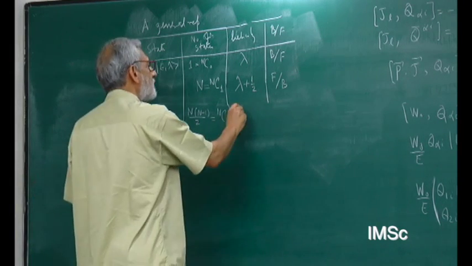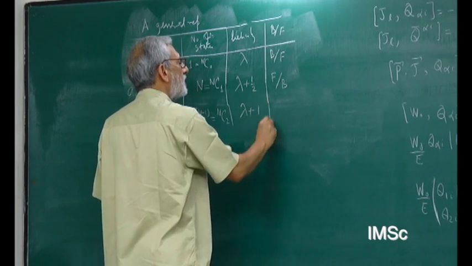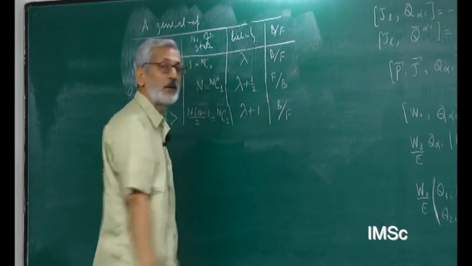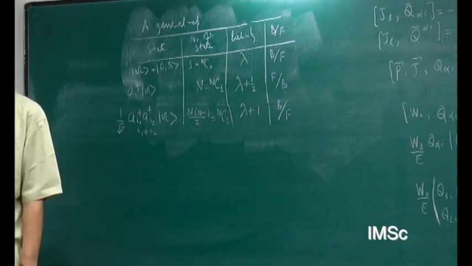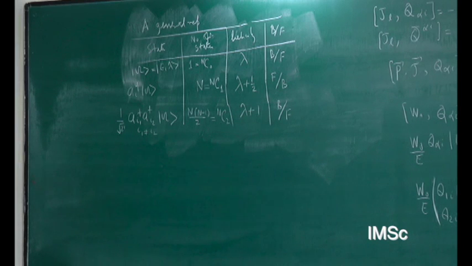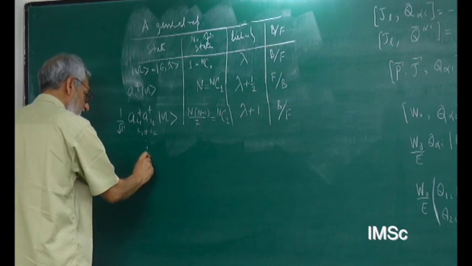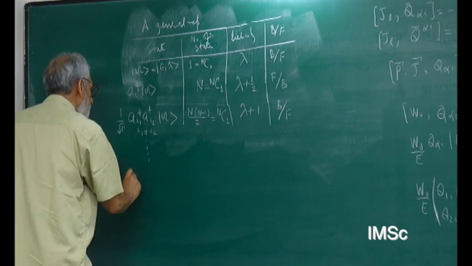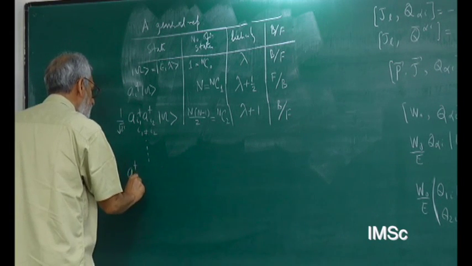And this would be helicity plus 1. And if this was a fermion, this will become a boson. If this was a boson, this will become a fermion. And go on, then 3 of them, 4 of them, and finally n of them.